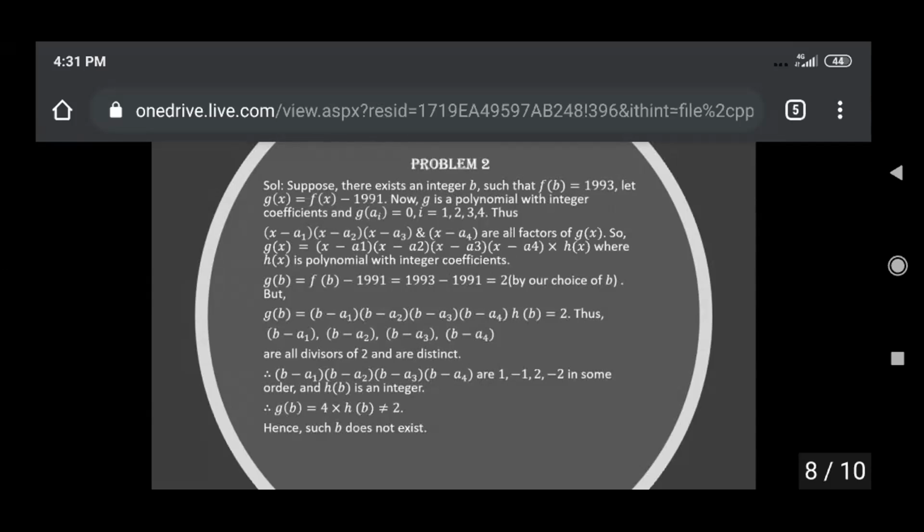Then I will express g of ai equal to 0 in the form of the factor theorem: x minus a1, x minus a2, x minus a3 and x minus a4 are all factors of g of x.